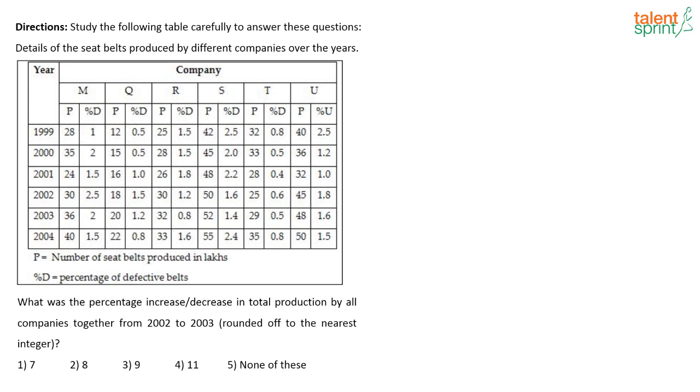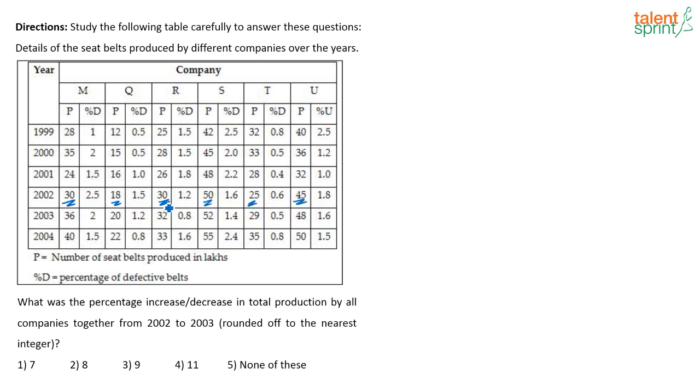Next. What is the percentage increase or decrease in total production by all the companies together from 2002 to 2003? Total production in 2002: 30 plus 18 plus 30 plus 50 plus 25 plus 45.